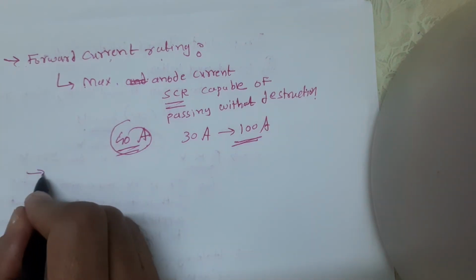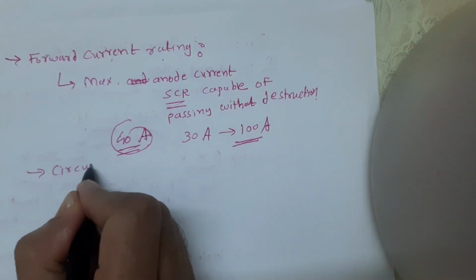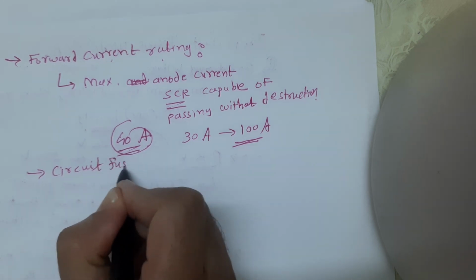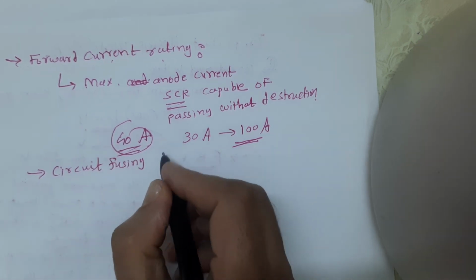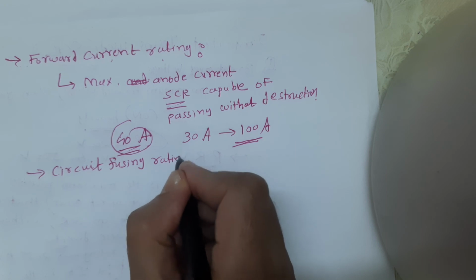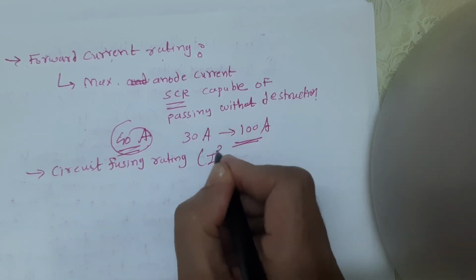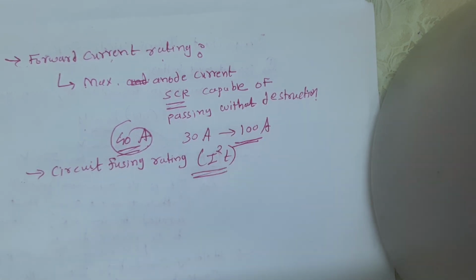The last one is the circuit fusing rating. That means I square t. It is the product of square of forward surge current and the time duration of the surge.